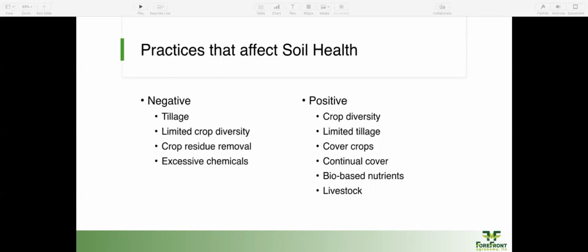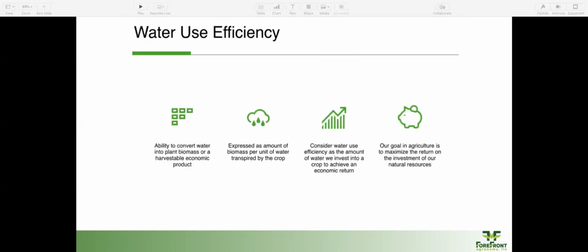But where we can positively impact our soil health is improving our crop diversity, having some crop rotations, maybe looking into cover crops, maybe reducing the amount of tillage. There are also other things such as incorporating livestock and bio-based nutrients, things that can help improve that soil health, and really follows the 5 principles of soil health that are preached by the NRCS.